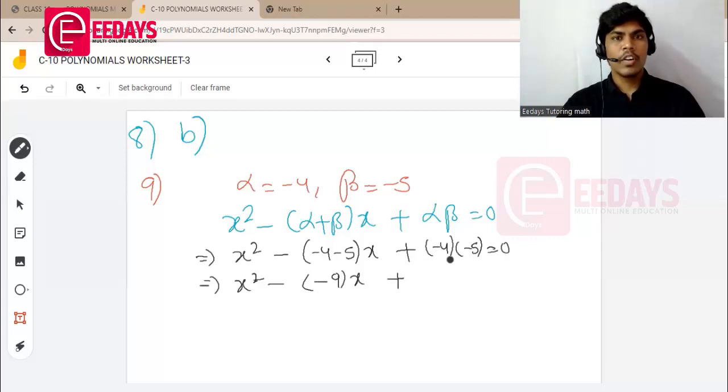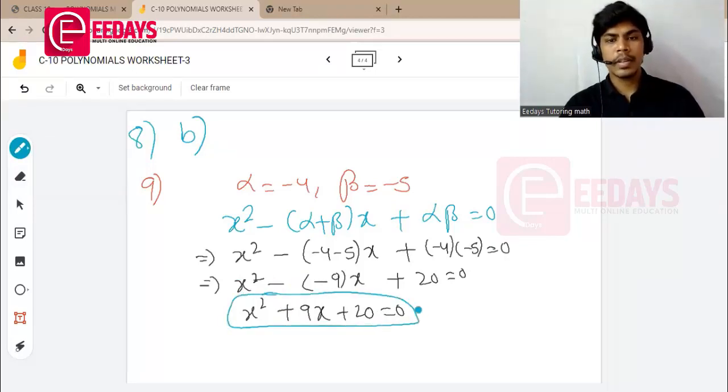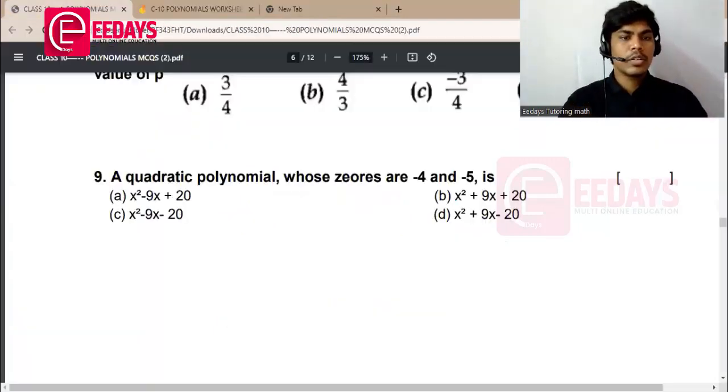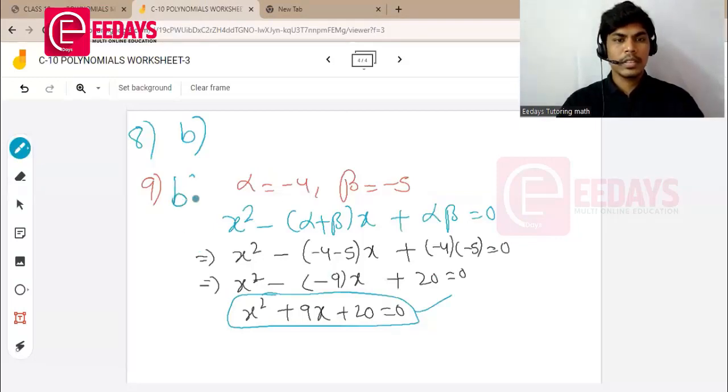Minus into minus 9 gives plus 9x. Minus 4 into minus 5 is plus 20. So finally x square plus 9x plus 20 is equal to 0. Signs play an important role; in any chapter, signs play a crucial role. Every option looks similar, all are x square plus 9x plus 20 style. Option B is the correct answer.